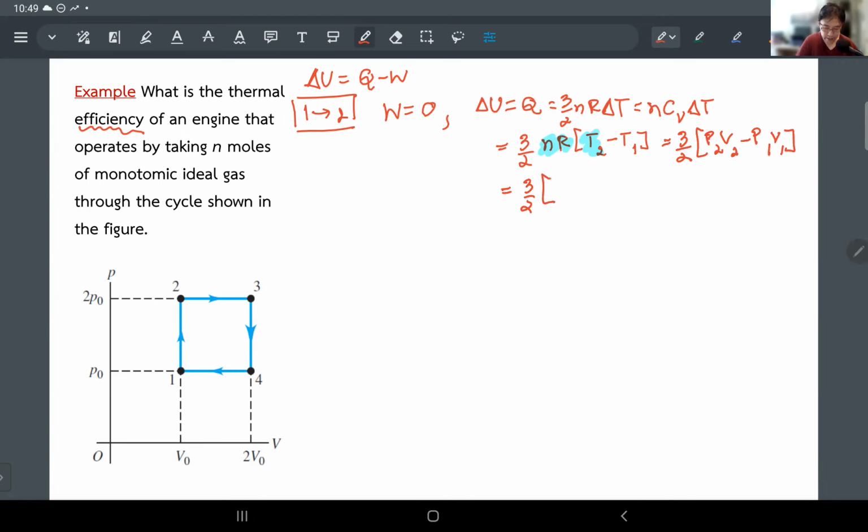P at 2, V at 2 is right here, so it's 2P0, V0. And at position number 1 is P0, V0. So it's 3/2 P0 V0.